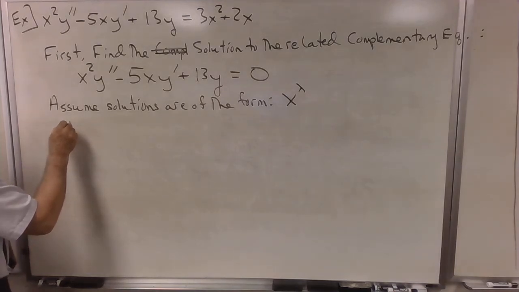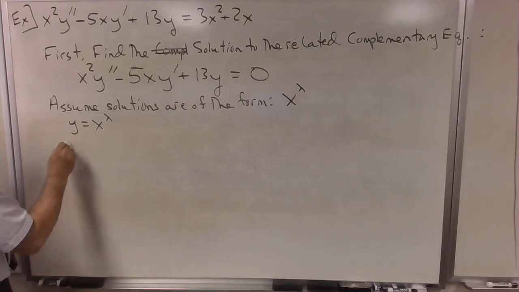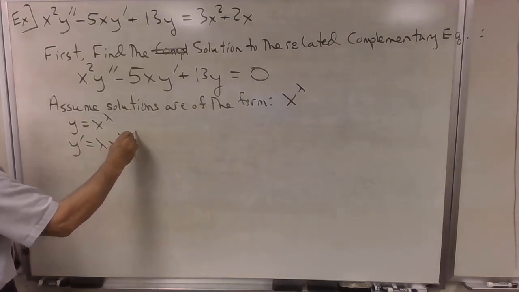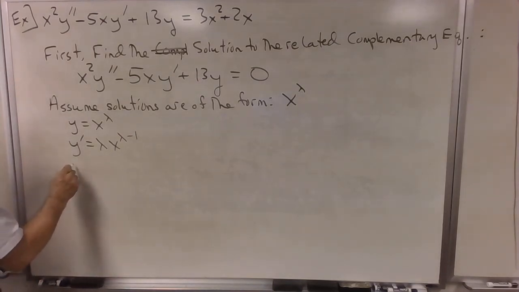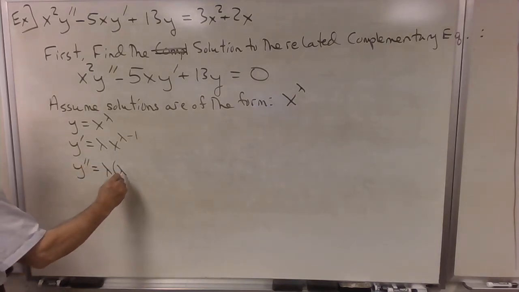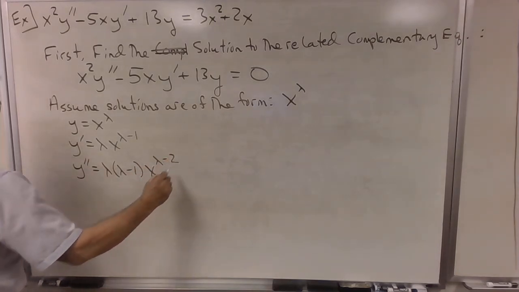So let's see, y equals x to the lambda, y prime is lambda x to the lambda minus 1, and y double prime is lambda times lambda minus 1, x to the lambda minus 2.